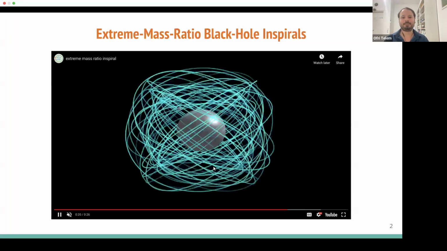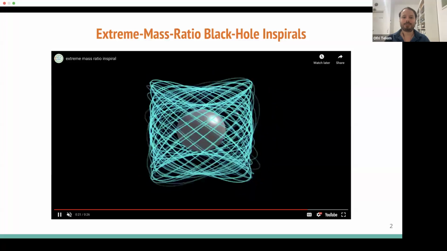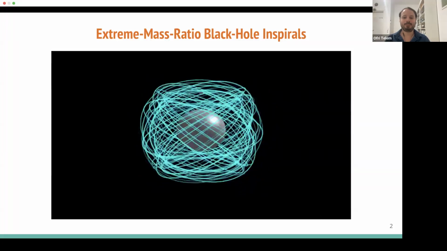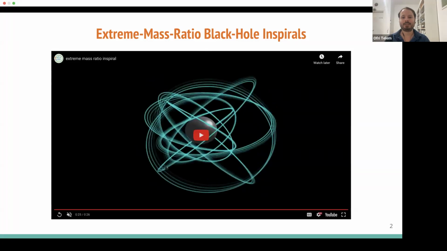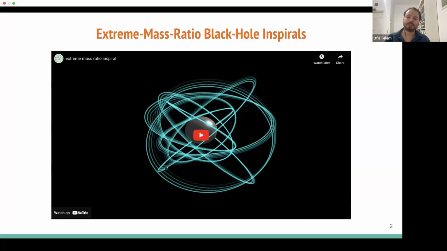This is a simulation of an extreme mass ratio black hole inspiral. This is a small black hole going around the supermassive black hole about 1,000 times before plunging in.